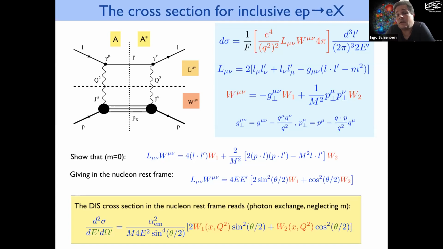You can evaluate the scalar products in the nucleon rest frame, and at the end of the day, you find the cross section in the nucleon rest frame, given in the yellow box. That is, I guess, very well known.